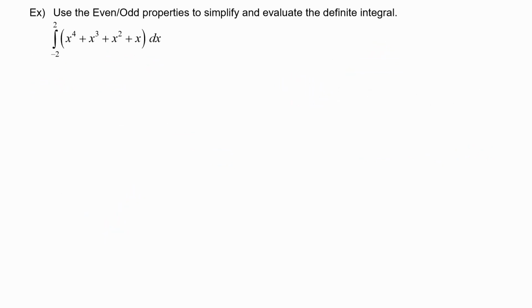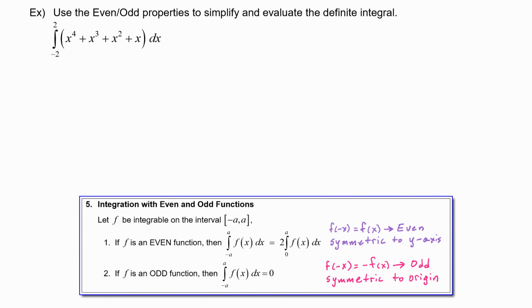In this example, we will use the even-odd properties to simplify and evaluate the definite integral. Here we have the integral from negative 2 to 2 of the quantity x to the fourth plus x to the third plus x squared plus x dx.